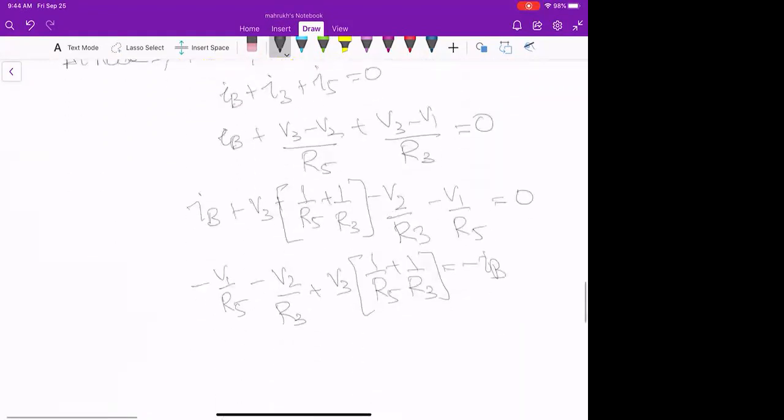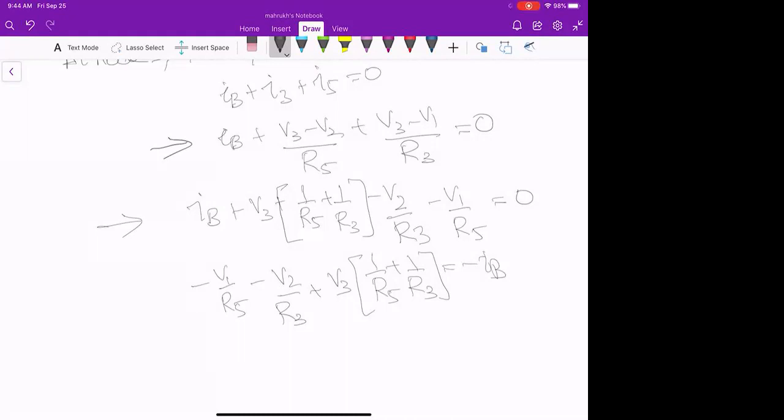Can you see a mistake in the equation? This equation is fine, but this equation is not. Yes, go ahead. V1 is over R3, not R5.